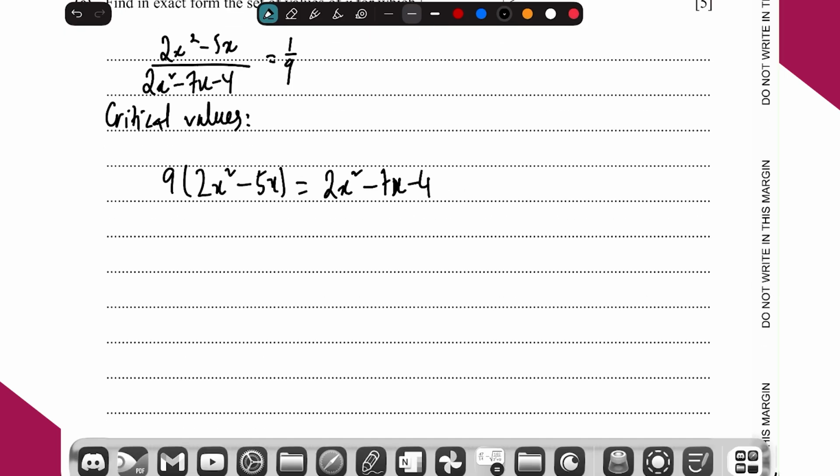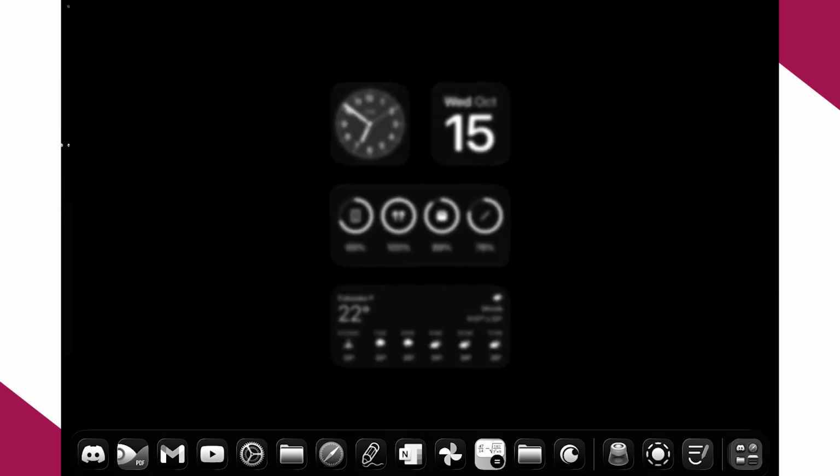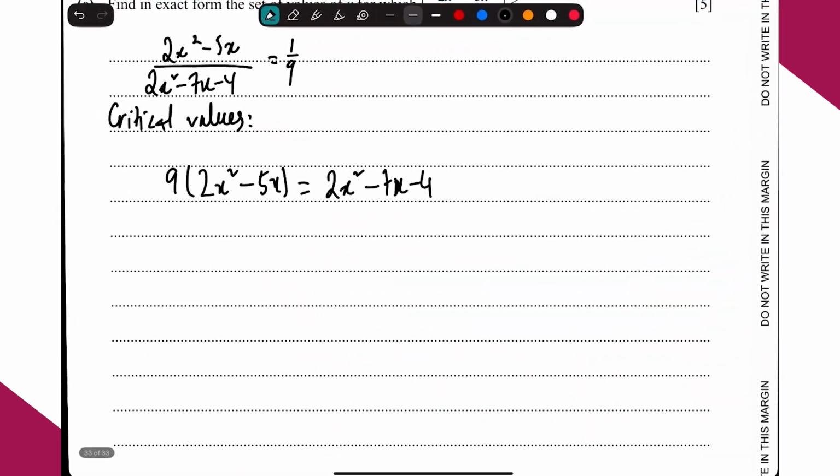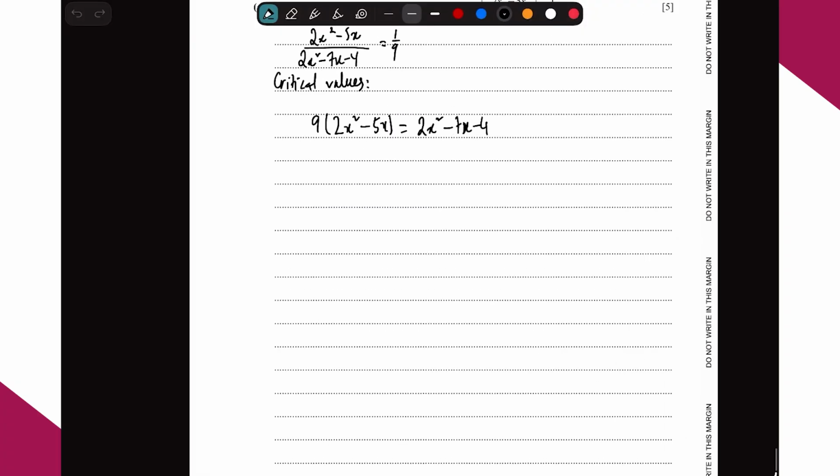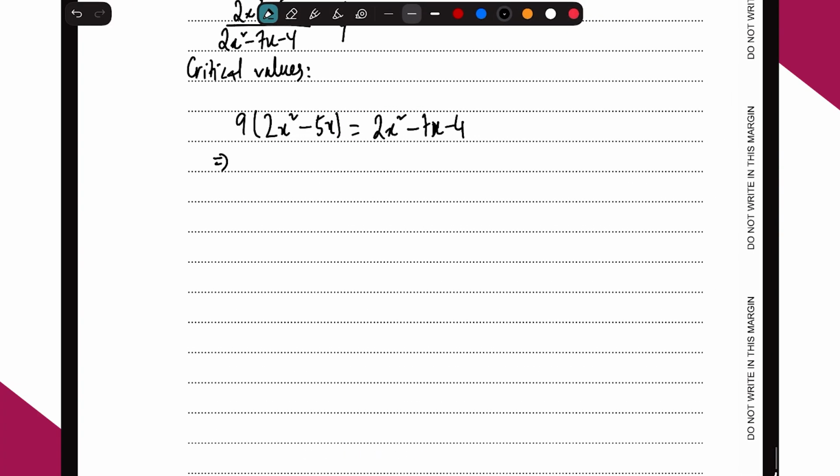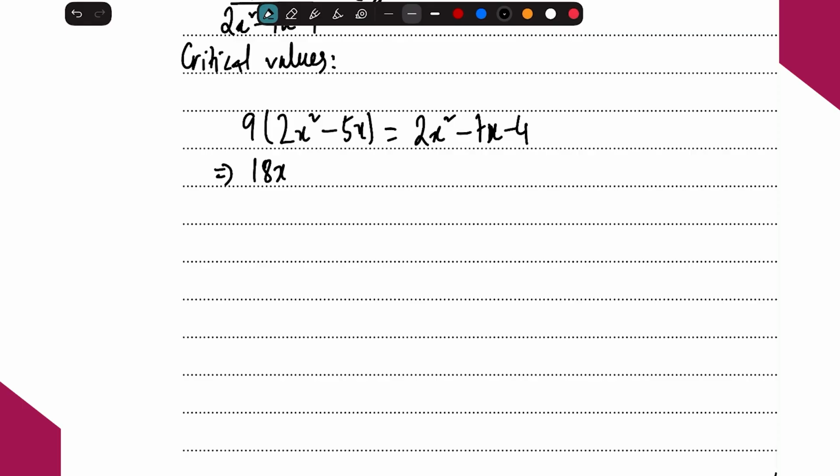I'm just going to restart the application because for some reason it is lagging like crazy. So we have 18x squared, and that's going to be 45x, 2x squared, 7x minus 4. So that's going to be it.